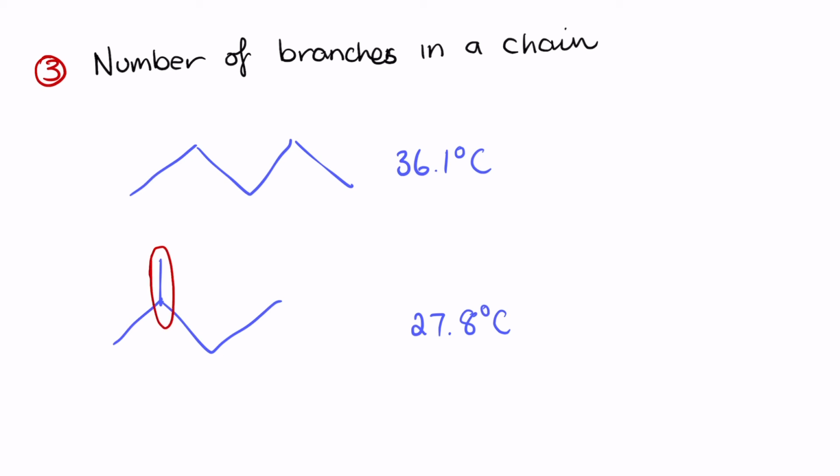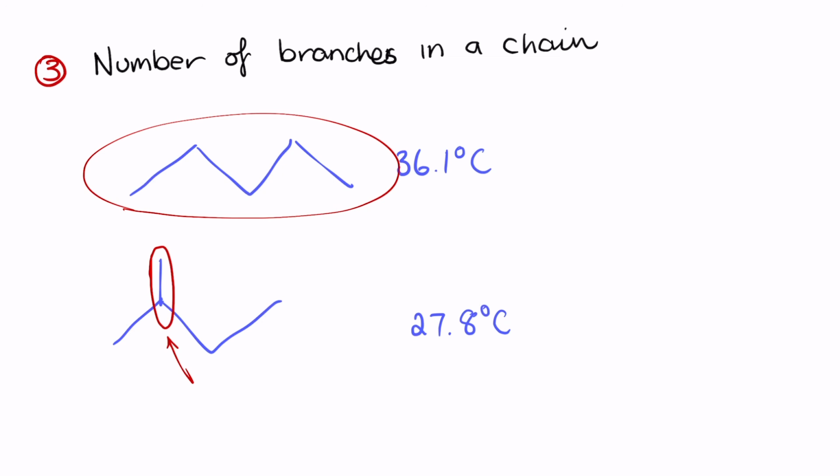And this inevitably changes the surface area of that particular compound. So if we have a straight chain, we have a greater surface area, and with more and more branching, we get a decrease in the surface area. Now the strength of the intermolecular forces, or the van der Waals forces, is proportionate to the surface area of that compound.